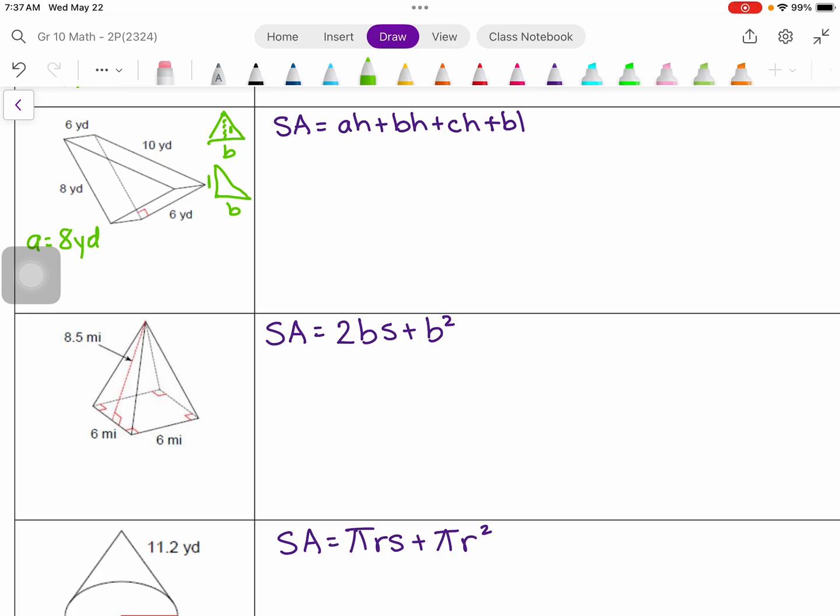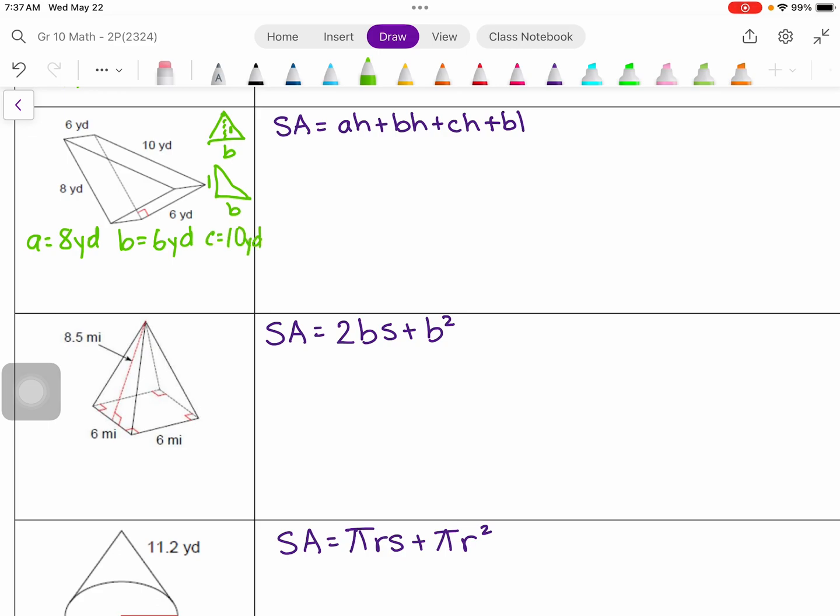So in this case, our base is 6, and then our L is 8, but it's also our A for the one rectangle. So the B is 6 yards, and then that leaves the C to be 10 yards.